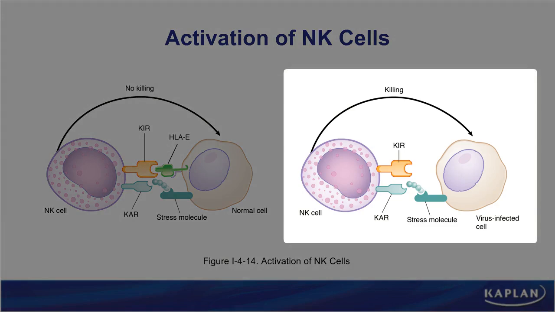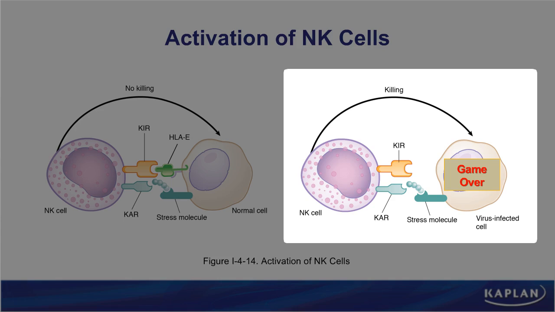You can see that the activating receptor has still ligated the stress molecules on the target cell, but the inhibitory receptor has not identified the expression of HLA-E. When HLA-E is not there, remember the cell is not doing well. It could be transformed, it could be virally infected, and that is an indication to the natural killer cell that A, the cytotoxic T cell can't kill this because it's not expressing class 1 MHC, so I'm going to have to pick up the slack and kill this target cell.